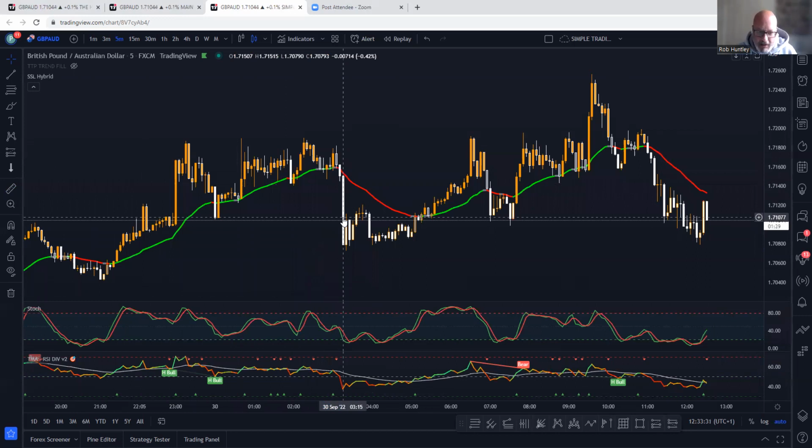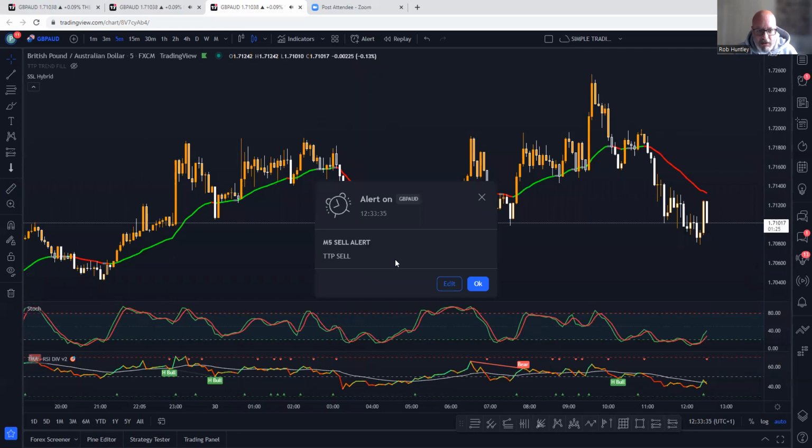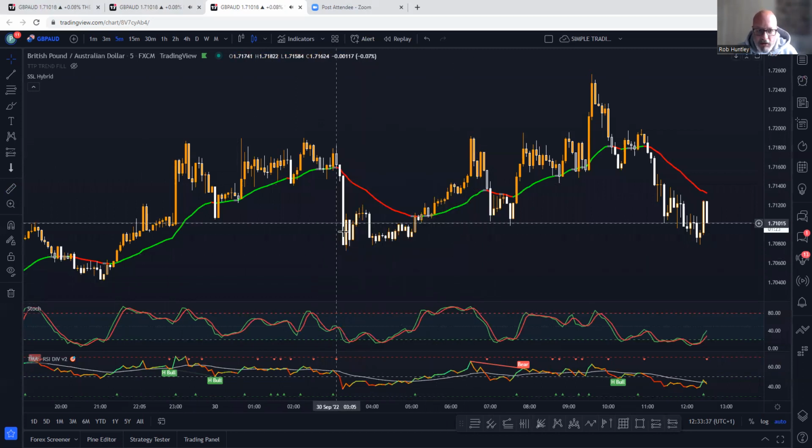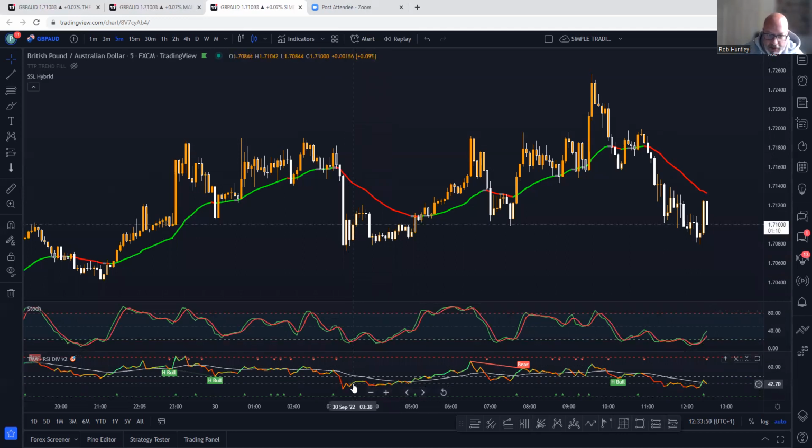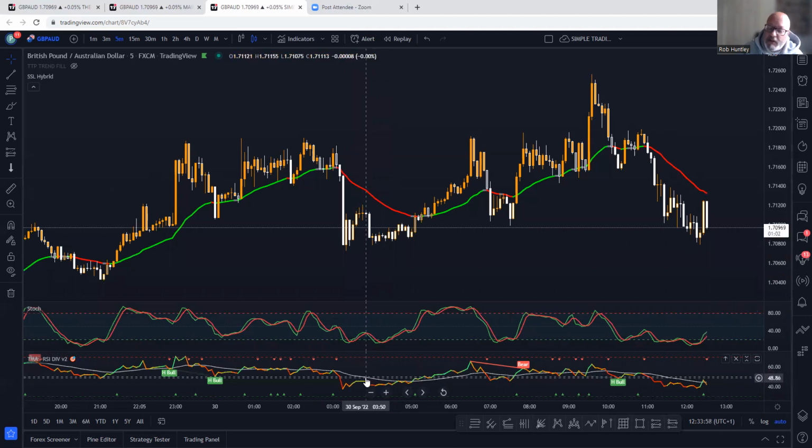So that's that point. When you're looking for an opportunity to buy, you're going to be looking for the stochastic to cross again, so green above red. At this point, I wouldn't have taken the entry because this indicator is still below the floating line and below the 50, the midline.